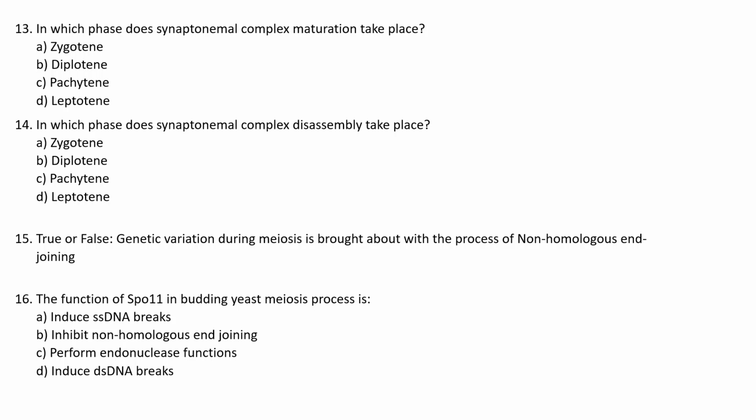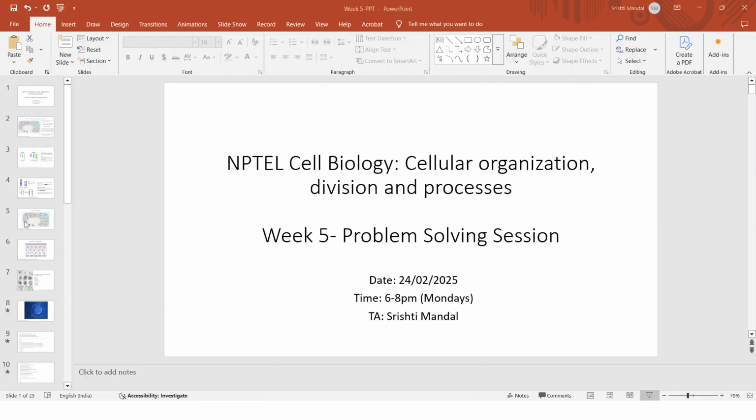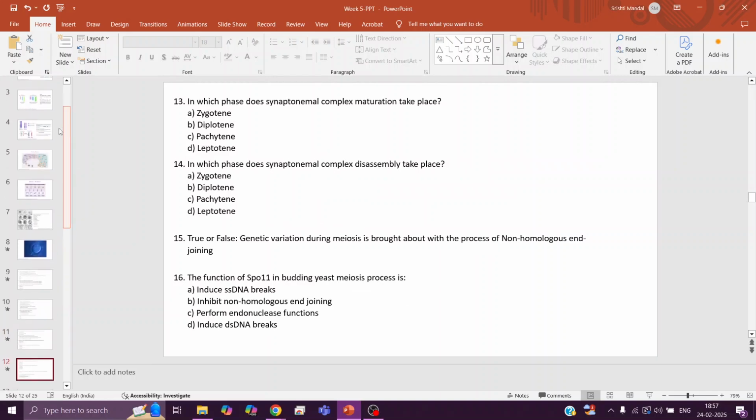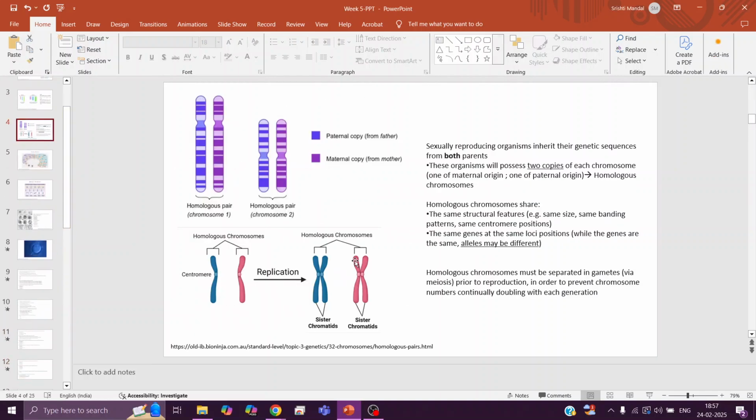Because only then can you use the opposite chromosome as a template for repair. Unfortunately, I have not included an image here, but if you can remember the homologous pair of chromosomes that I had shown in the earlier slide, maybe I can just go to that here, right?